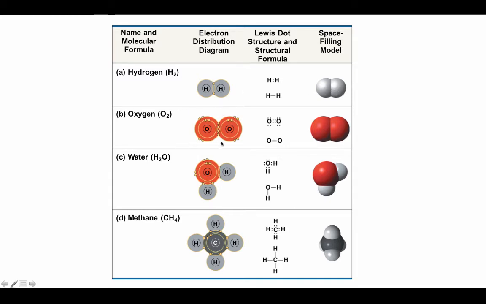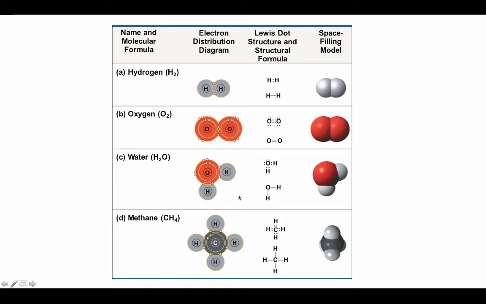So here we have an oxygen molecule sharing 2 pairs of valence electrons. We can represent that as a dot diagram. Again, we're representing all of the electrons, so the paired ones and the shared ones. And then we can also represent that double bond with a double line. You'll notice that oxygen, with its valence of 2, each of them make 2 bonds to each other. We can think about water.